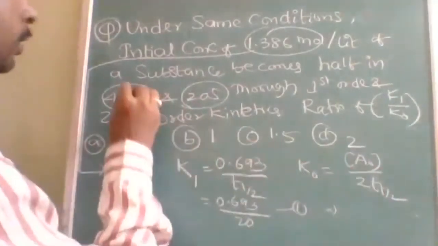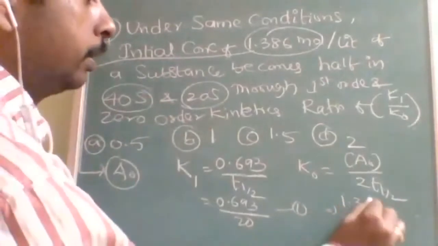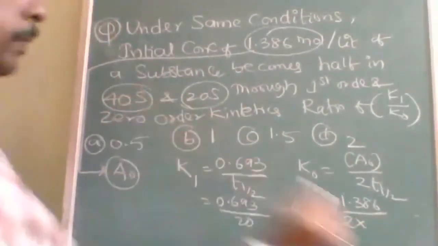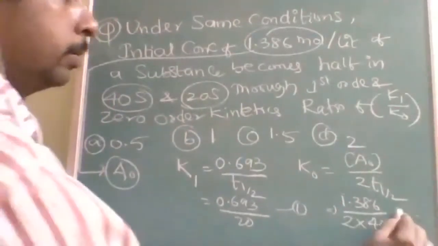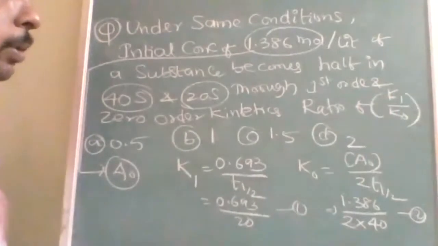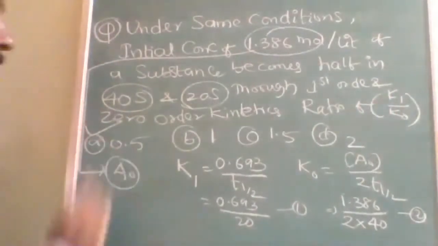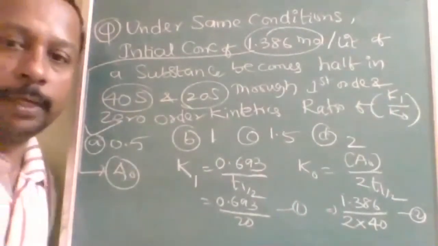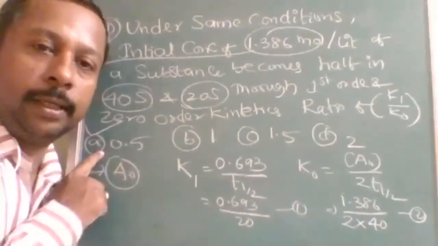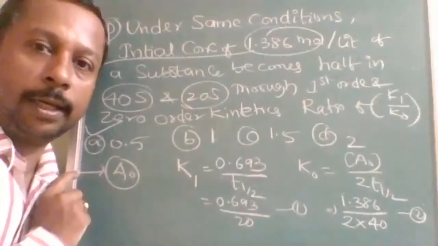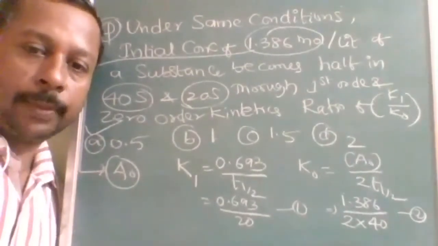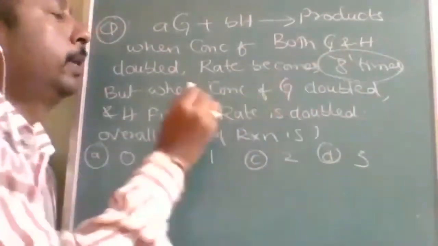And here A0 divided by 2 into T half, which is 40. So if you divide them, K1 by K0, you will get 0.5 as the correct answer. So those who have opted A, that means they are successful in their life. Understood? Okay, very good.